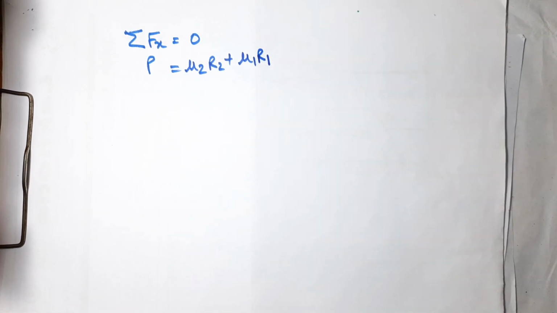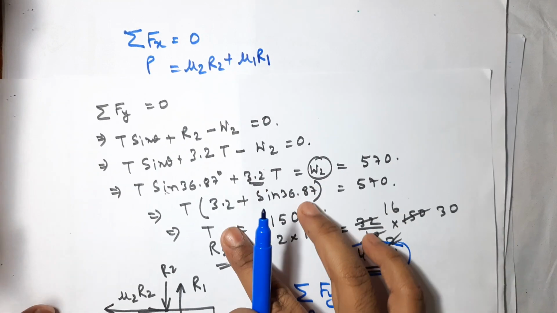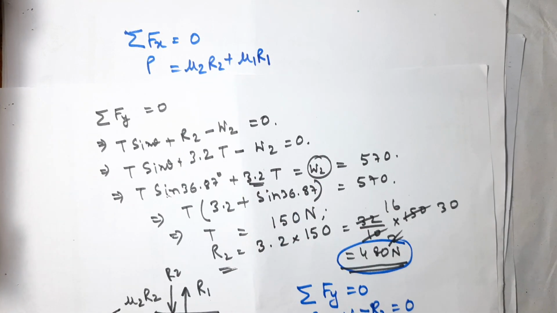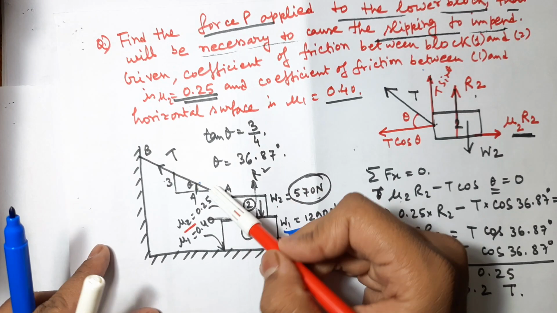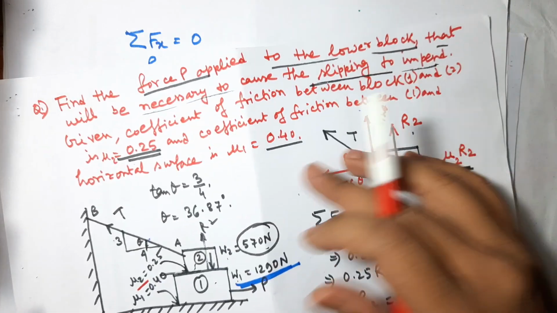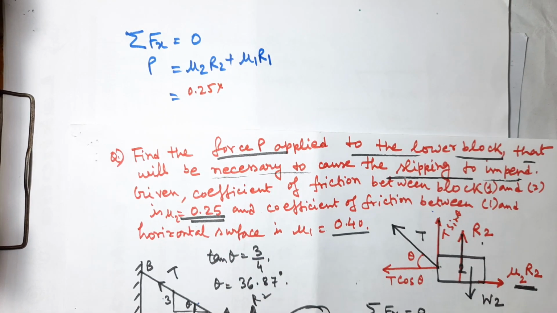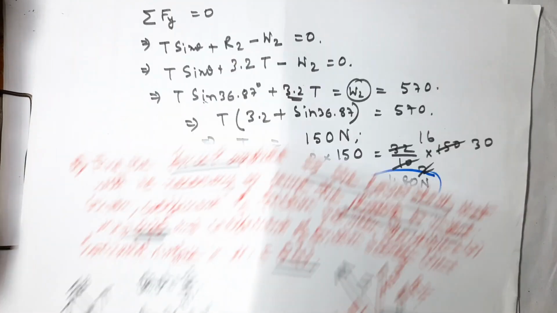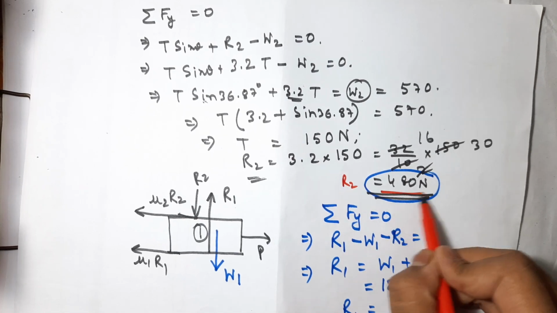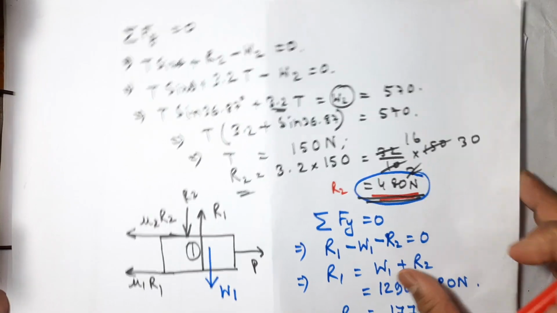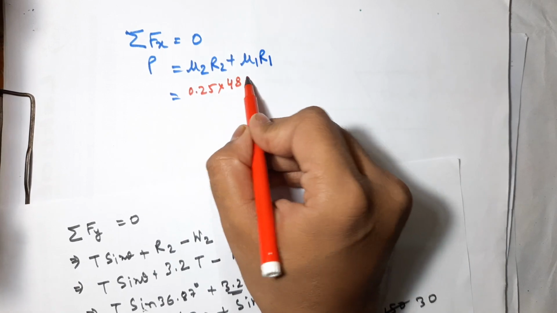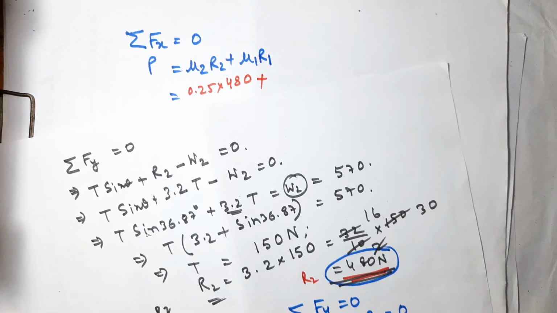So mu2 R2 value you can get, and R1 value you have also got. So see here, what is the value of mu2? Mu2 is given in the question, that is 0.25. So I am substituting the value of mu2, 0.25 into R2. R2 value is 480 Newton, right? So 0.25 into 480 plus mu1.